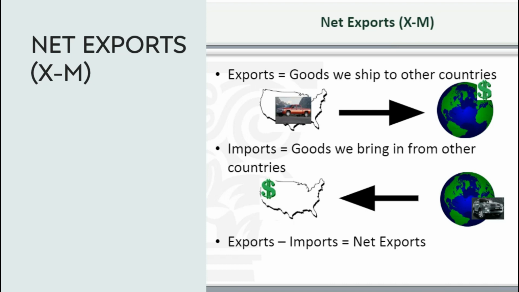Imports are goods that we bring in from other countries, for example, raw materials from China going to the Philippines. So, the formula to get the net export is exports minus imports equals net exports.